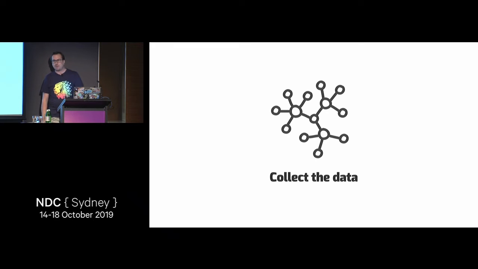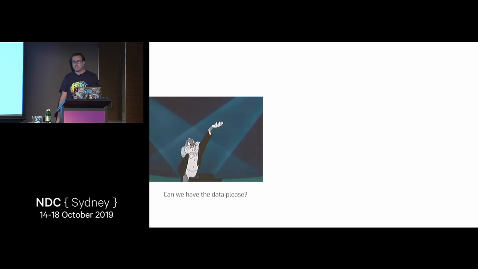And for that, for every machine learning project, you need a lot of data. So we thought we would get thousands and thousands of pictures of good images and thousands of images of fake products. But when we started the project, we asked, can we have the data please?